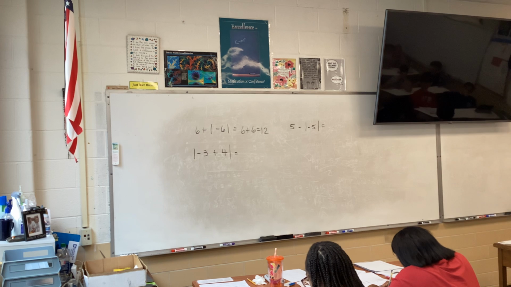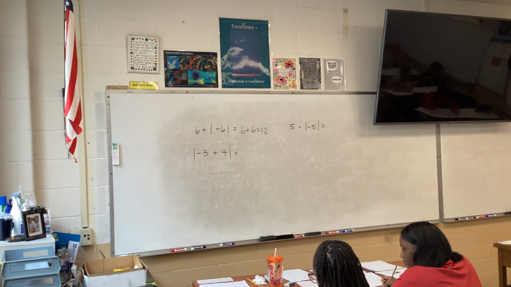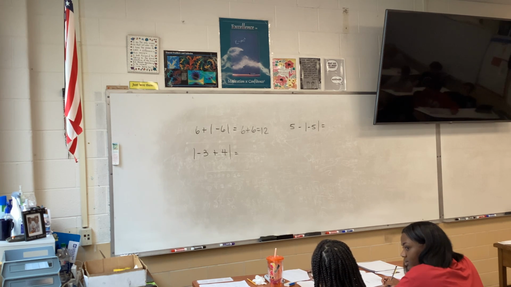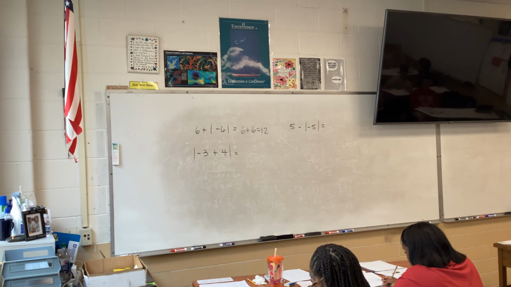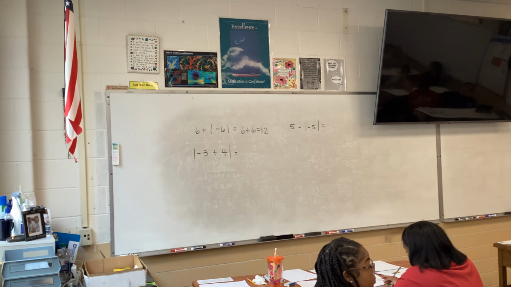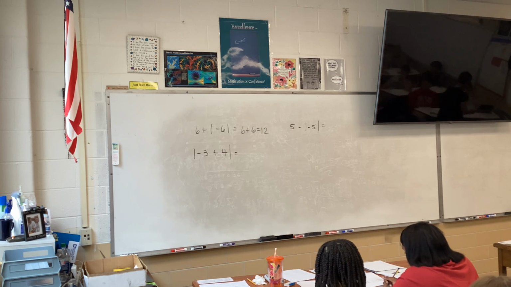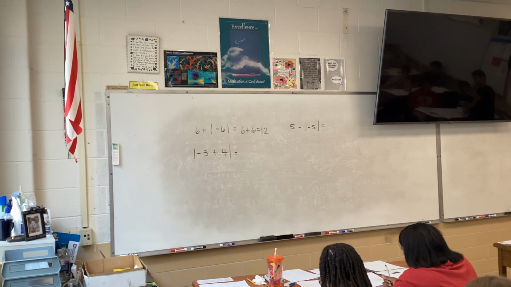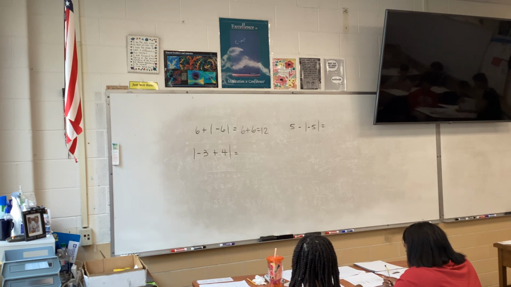Now, when you do the next one, we treat the absolute value like parentheses. So in other words, we do what's in there first. Okay, so negative 3 plus 4 is 1, and the absolute value is 1.